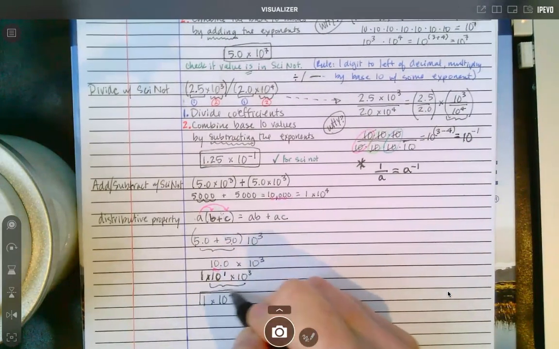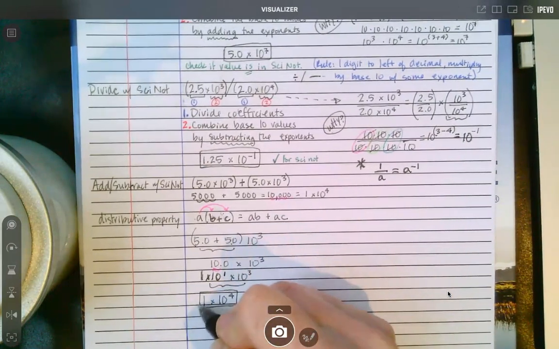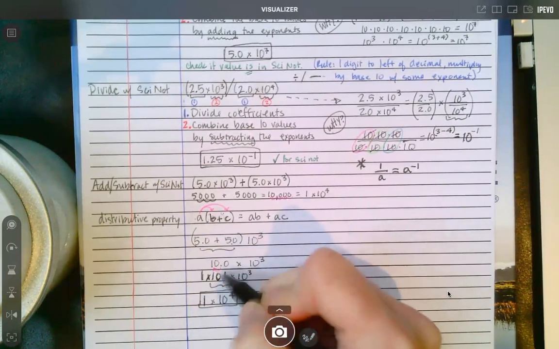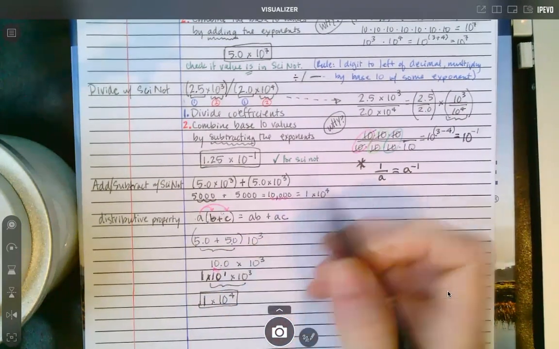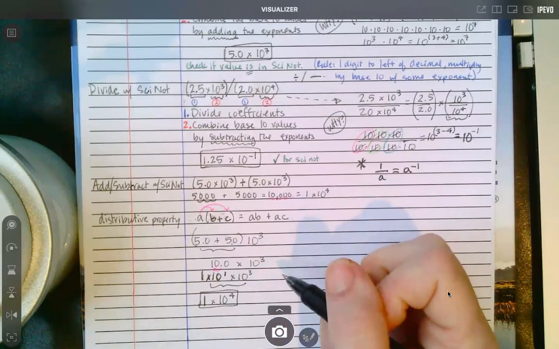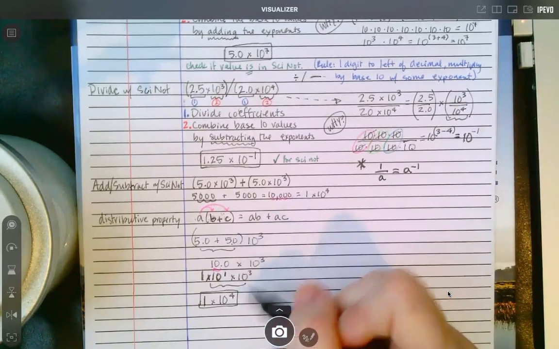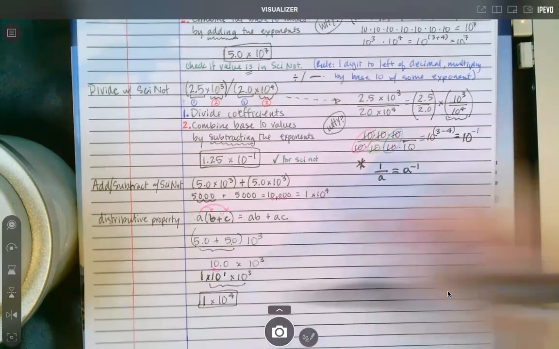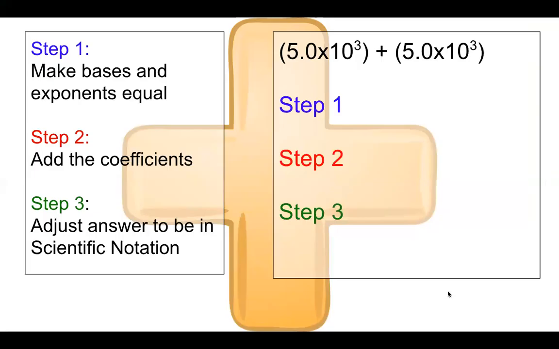I know that many of you have difficulty moving the decimals around, but this is a pretty easy concept in how to rearrange, or what we call, what did it call in the notes? Adjust the answer to be in scientific notation.